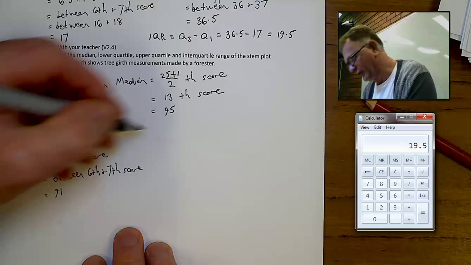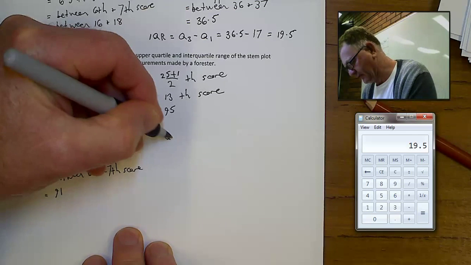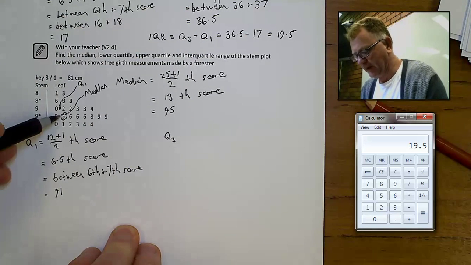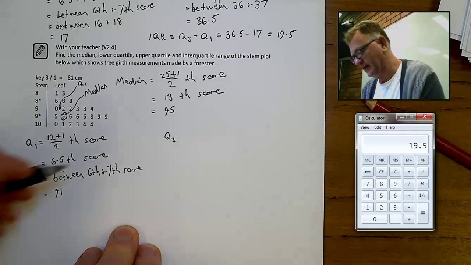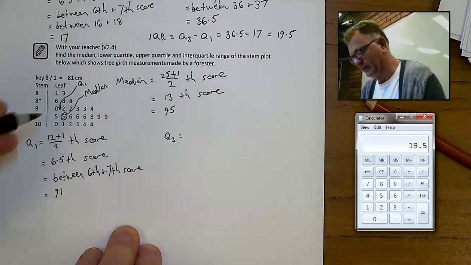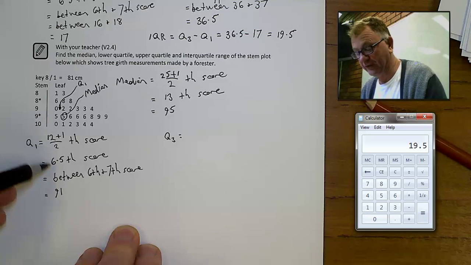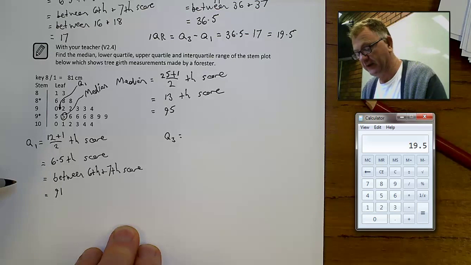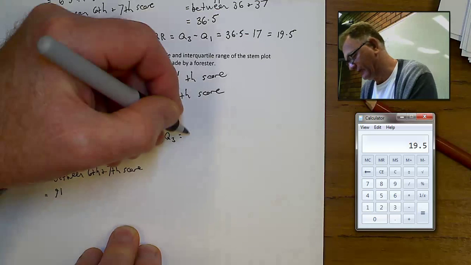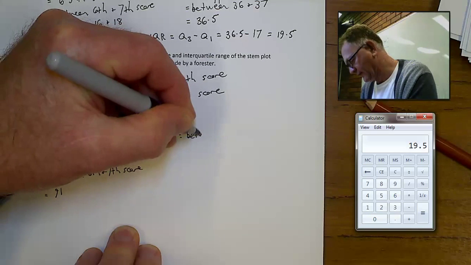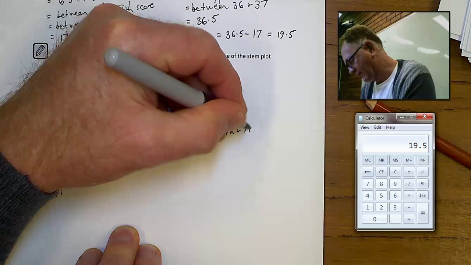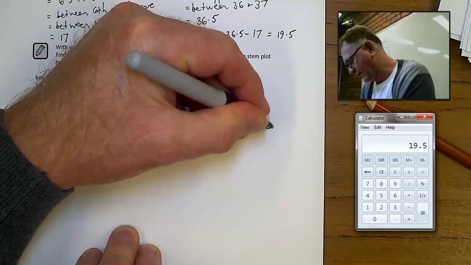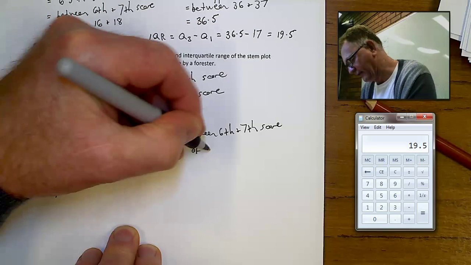The upper quartile, and we've taken out the median, that means there's 12 scores left here, and so the median is once again the 12 plus 1 over 2, it's the 6.5th score in the upper half of the data, or between the 6th and 7th score of the upper half.